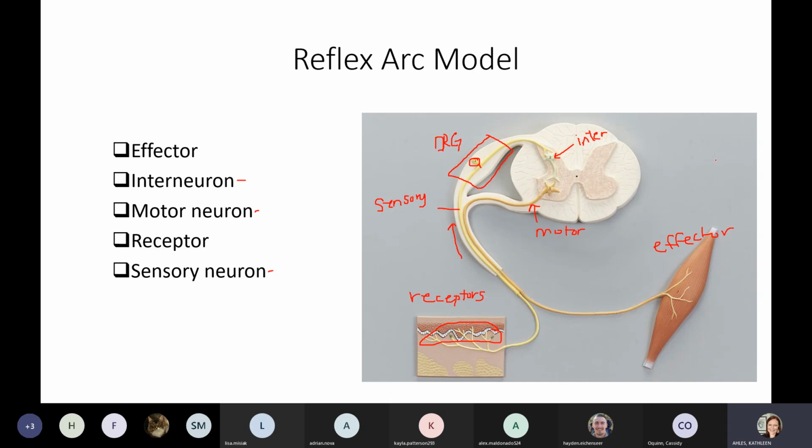And actually the fastest reflex in our body, I like to call it the kick your doctor reflex, the patellar reflex, is super, super fast because we actually don't even have an interneuron in that reflex. It's so automatic that we detect stretching and right away we start to kick. Most of my reflexes in the body will have a sensory neuron, an interneuron, and a motor neuron, but that patellar reflex does not, which is what makes it super quick.